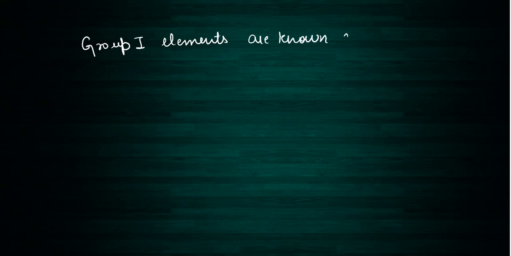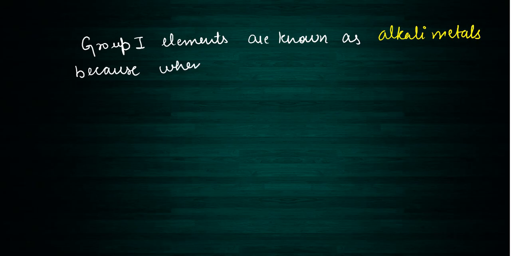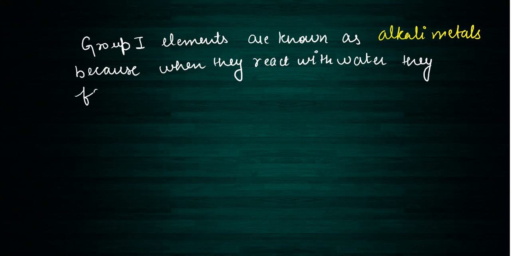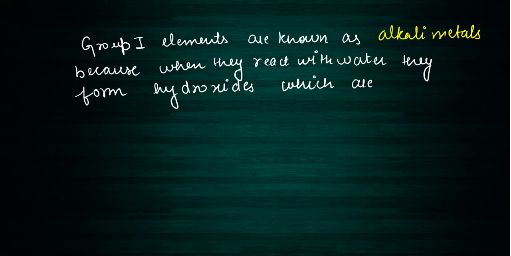For that, we first need to understand that group 1 elements are known as alkali metals because when they react with water, or when they are added in water, they form hydroxides, which are basic in nature.